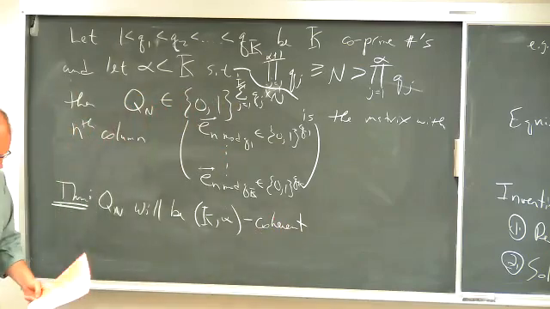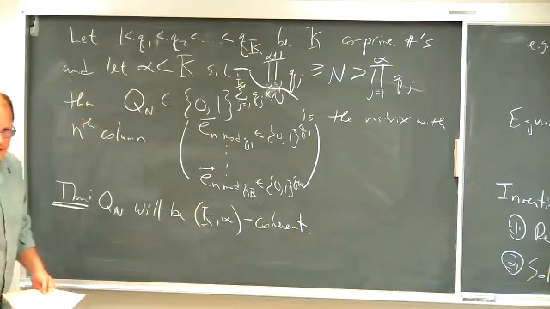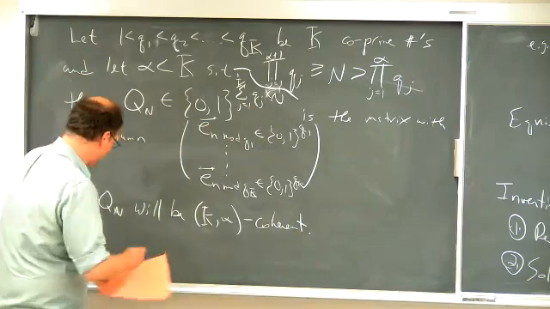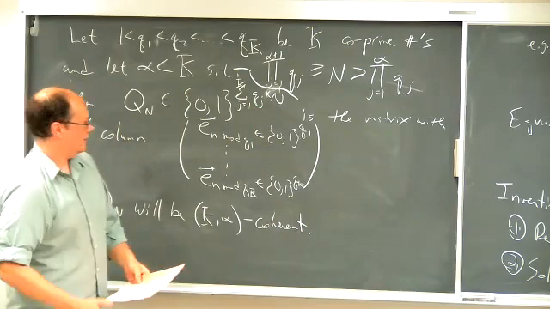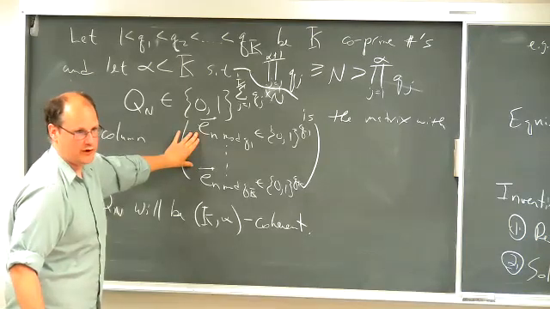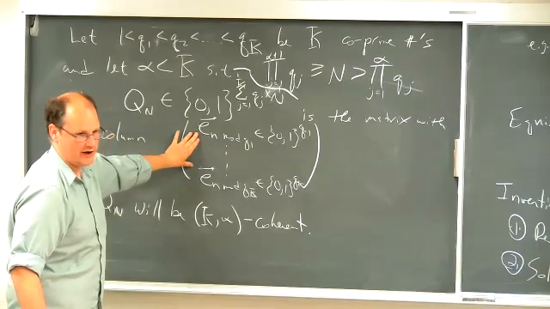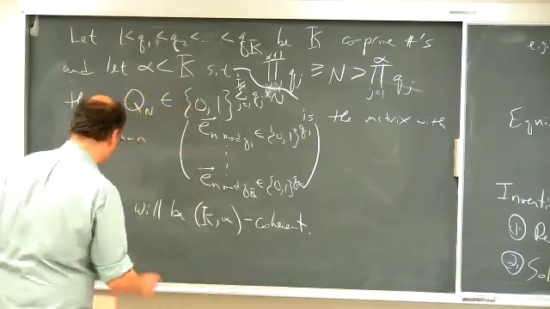All right, so that's my claim. And this one is not too difficult to prove, so let's see why it's true. So first, by the definition up here, it's pretty clear to see that there are going to be exactly K 1s in every column. So the K part is taken care of.